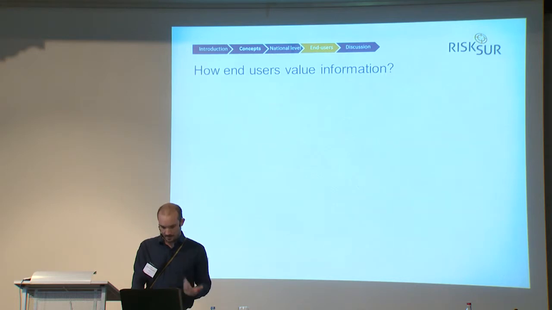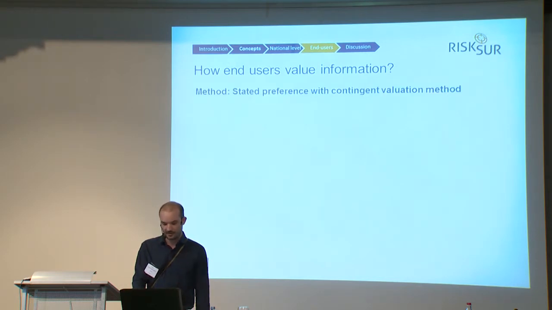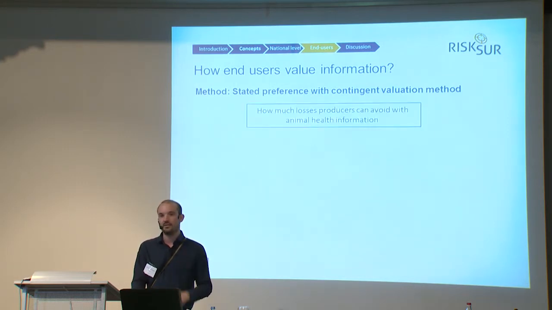After this question, we built an econometric tool based on contingent valuation to try to give an economic valuation of their need of information, how this sector might value animal health information.